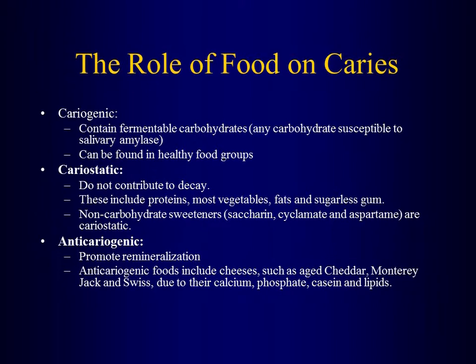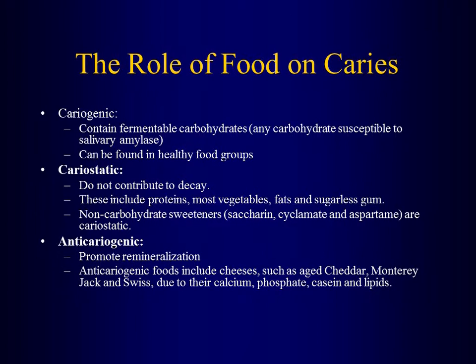This is why it's very important for head and neck cancer patients to brush after they eat. Either that or swish with their baking soda and saltwater gargles. It's also important to know that there are foods that are cariogenic, foods that are cariostatic, and foods that can actually help prevent caries from developing.